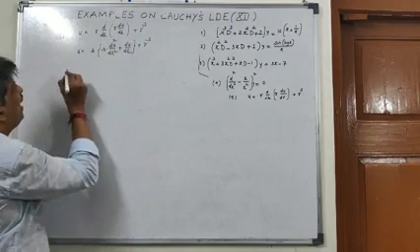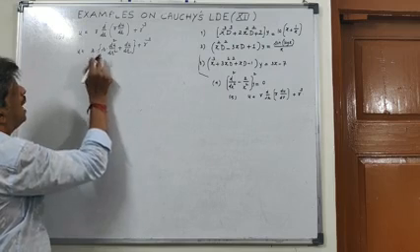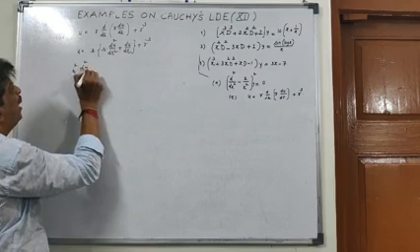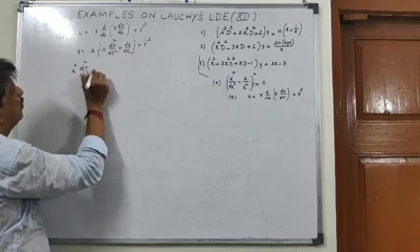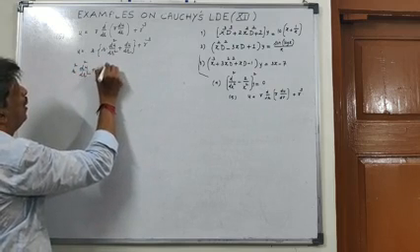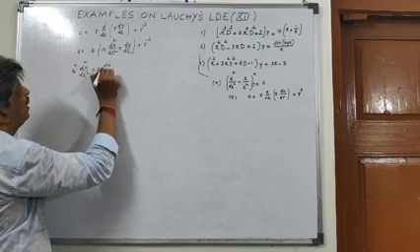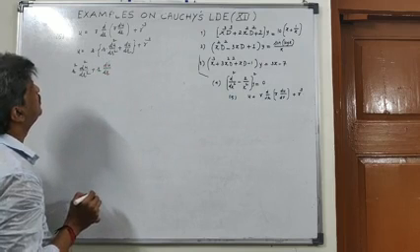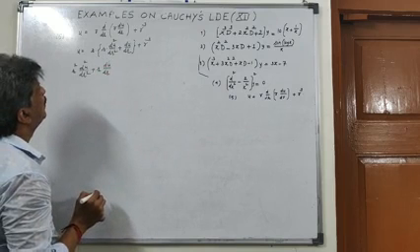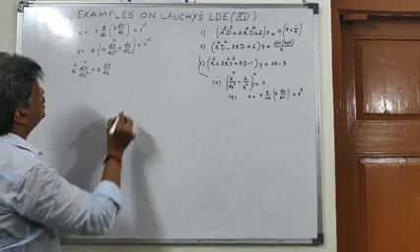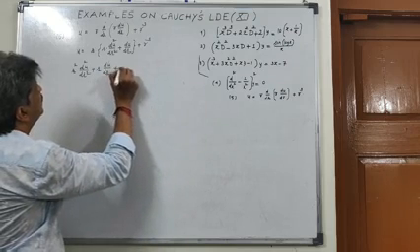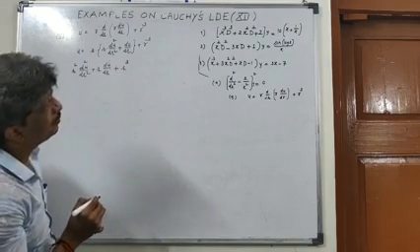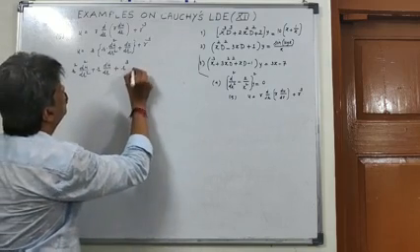So u is equal to r square d square u by dr square plus r into du by dr plus r cube.